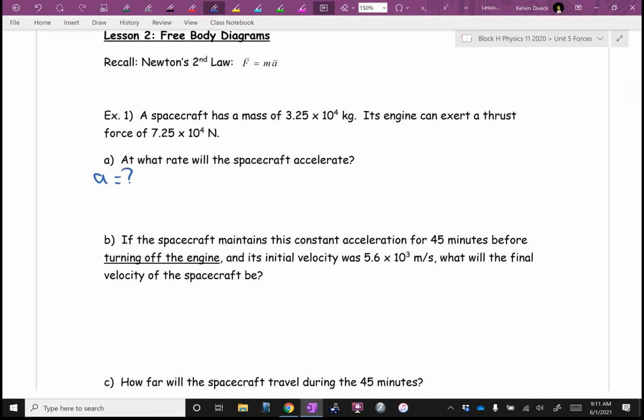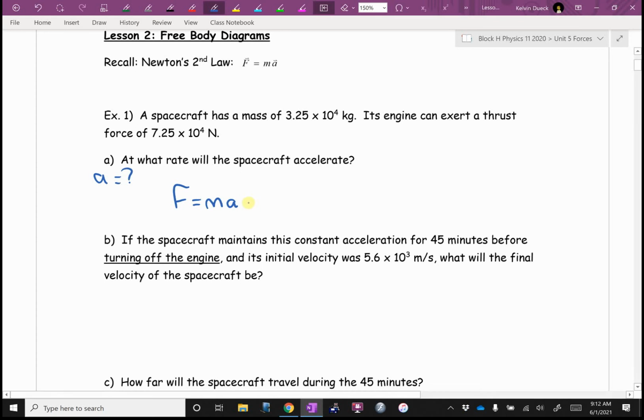I noticed this, well, first of all, kilograms. What's that a measure of? Newtons. What's that a measure of? I said, okay, I think I'm going to use F equals ma. Alex, how would I get the A by itself? How would I move the M over?